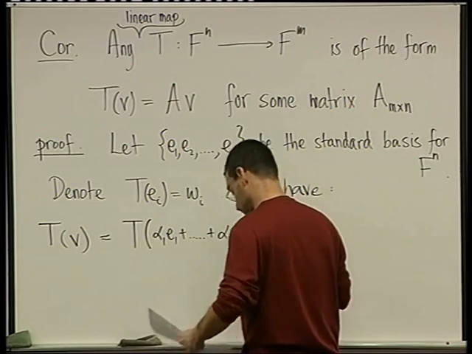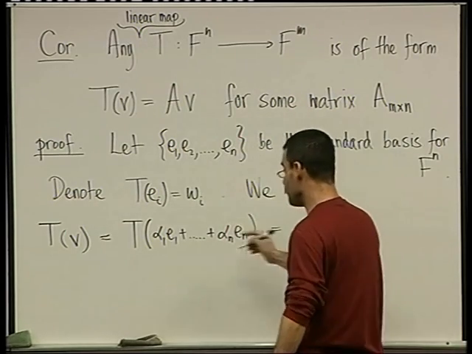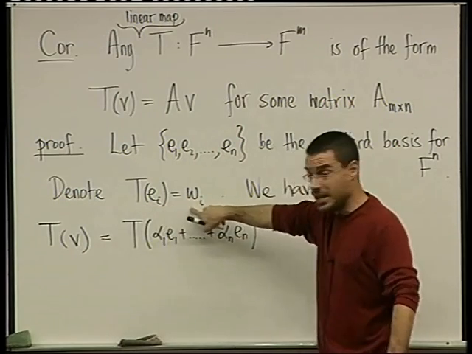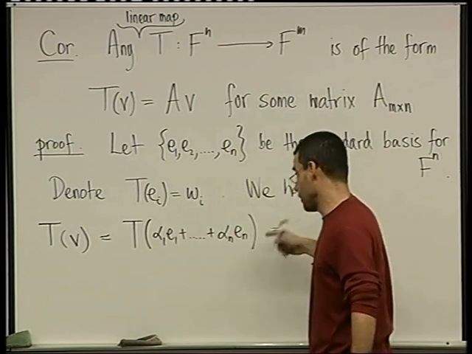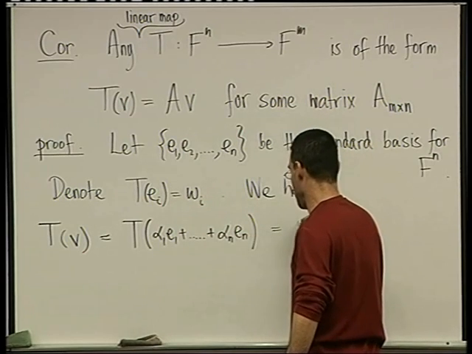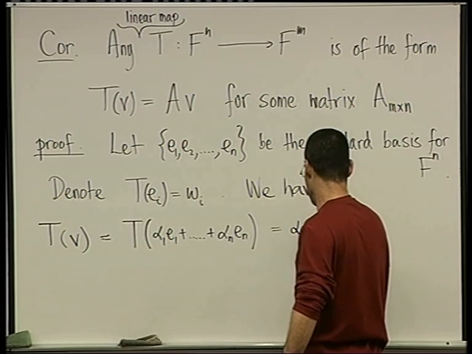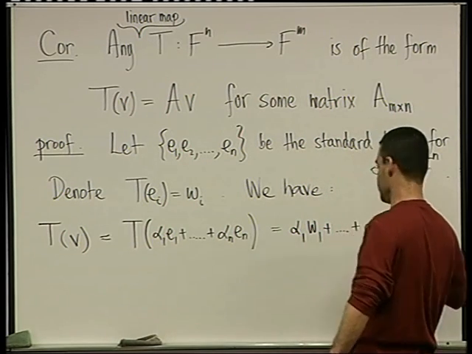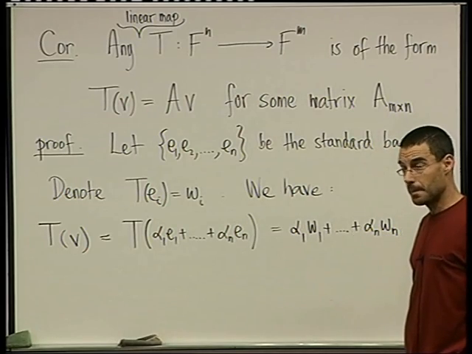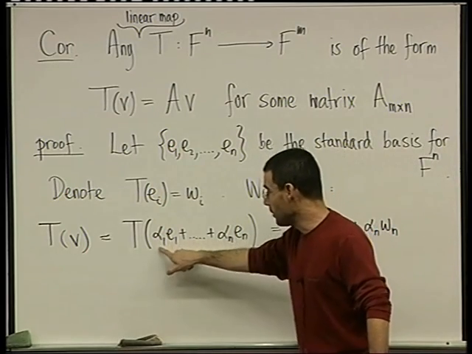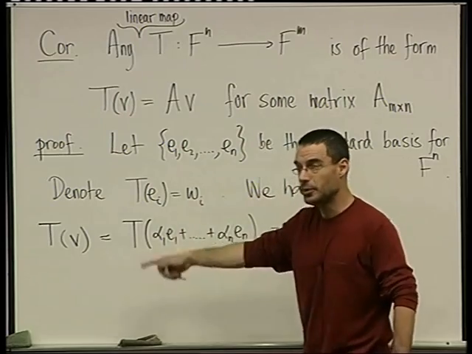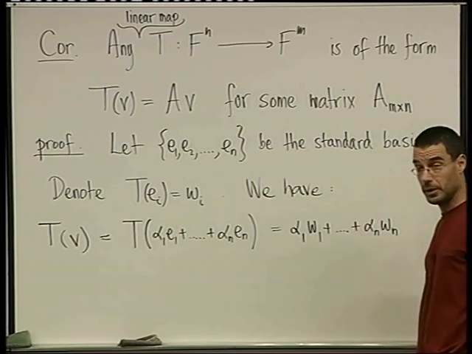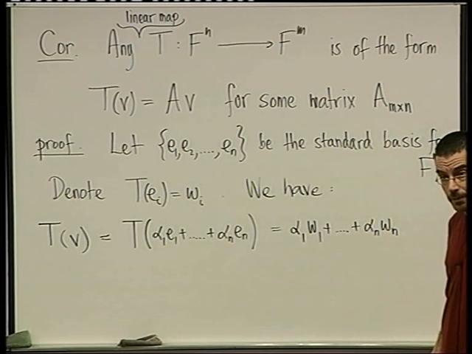This equals, we know that if T does this, then it's fixed on any element, so it equals alpha 1 W1 plus alpha n Wn, right? Because this equals alpha 1 T of E1 plus alpha 2 T of E2 plus alpha 3 T of E3, and each of those are precisely the W's. Good? Okay.